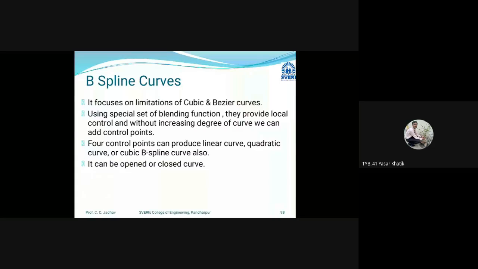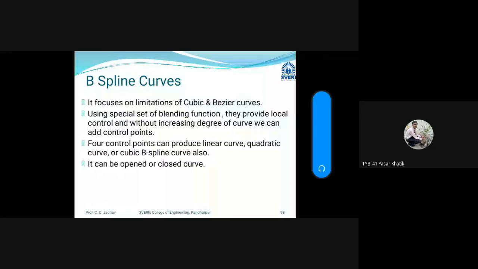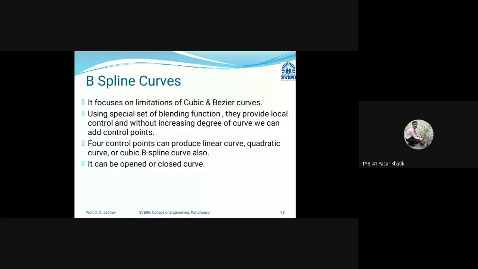If you increase the control points, it will increase the curvature of that particular curve. Then increasing the degree of the curve makes it more difficult to control. If you increase the degree of the curve, it will create a problem for the degree of curvature.